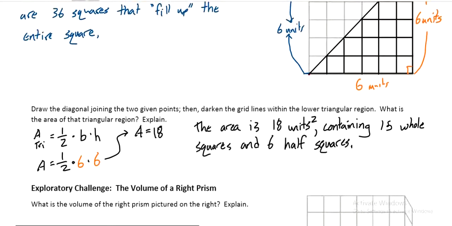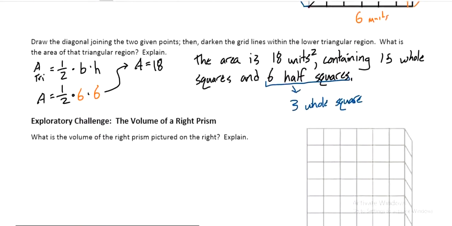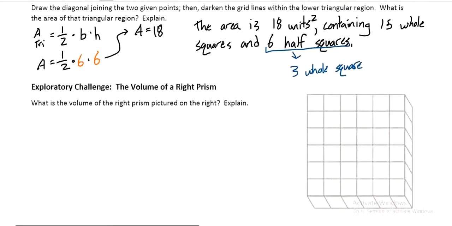It's important to remember that the 6 half squares equals 3 whole squares. If you take 6 halves and add them all together, you get 3 wholes. So that 15 plus 3 will give us our 18 units squared. So we see that, and it's stuff we already knew. Let's connect it into volume now.